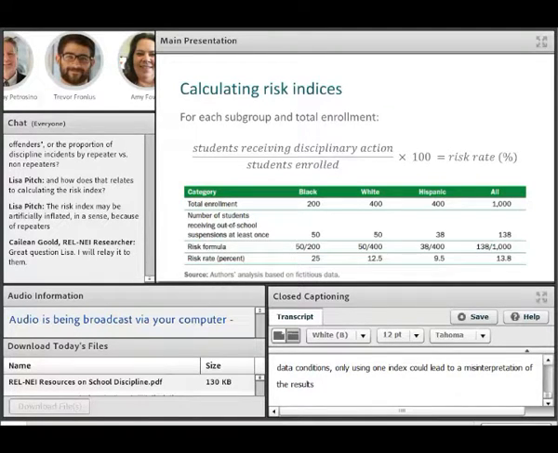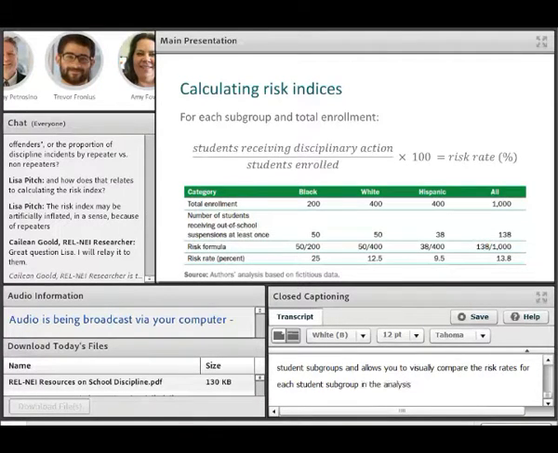All right. So to start, let's take a look at the risk rate side by side. It's a simple risk index, and it comprises the risk rates for certain student subgroups and allows you to visually compare the risk rates for each student subgroup in the analysis.